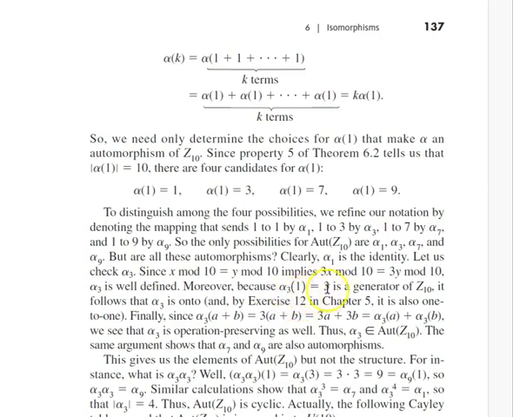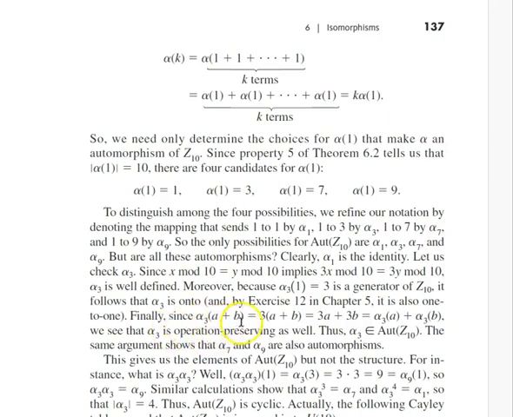Because alpha 3 of 1 is 3, and 3 is a generator of Z10, it follows that alpha 3 is onto. All multiples of 3 will be images, and the multiples of 3 form all the group Z10. 3 is a generator, as we know.